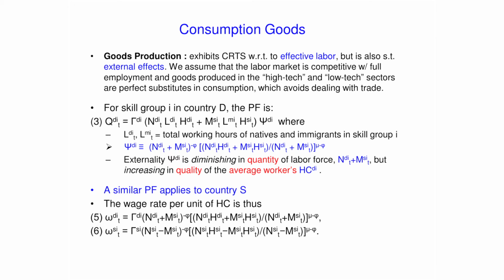While quantity of migrants reduces wages, the other element of it has to do with the quality of migrants. And if the quality of migrants is rising over time, as the charts that I showed you indicate, and especially if they rise relative to the skill composition of the native population, then there is a positive net human capital formation in the destination country.